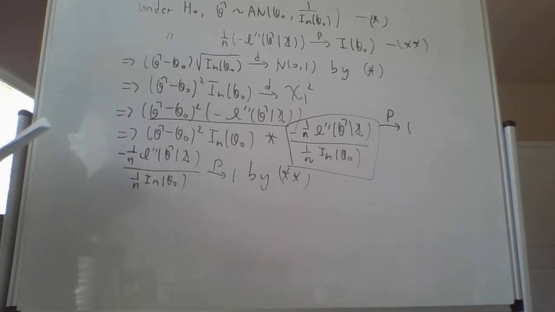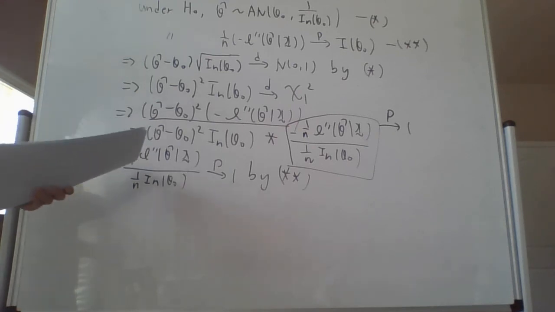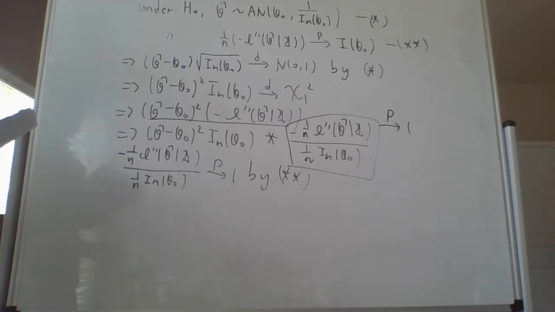So 1 over n times the observed information number converges to 1 over n times the entire information number under theta 0. By division, this ratio converges in probability to 1.